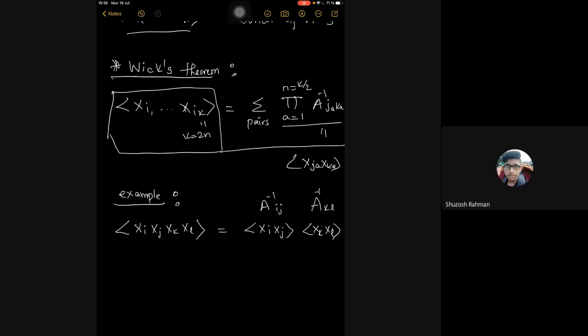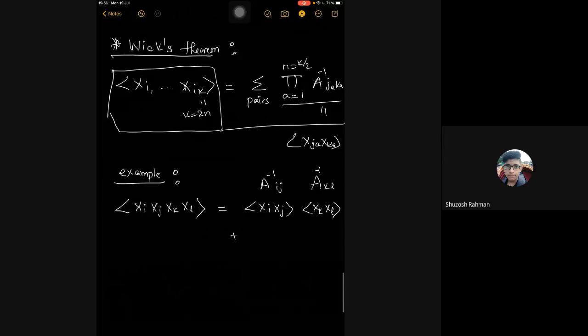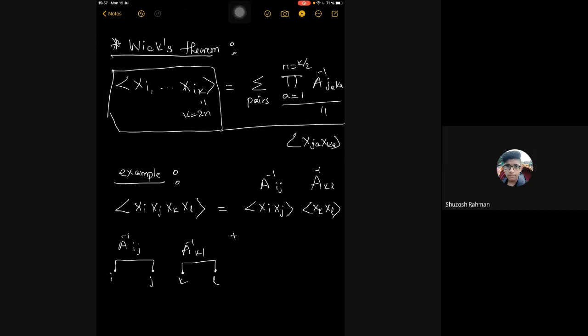If you want a cartoon diagram or a physical picture of what's happening, A inverse ij, as I told you, is just i connecting to j, and A inverse kl is just k connecting to l. You can have xi connect to k, and j connect to l.